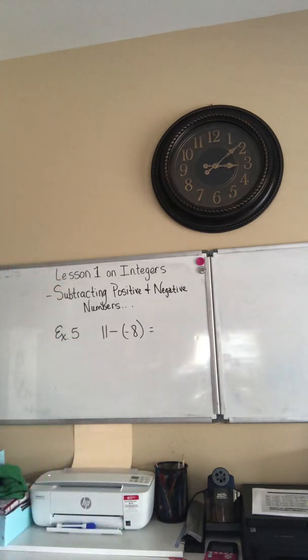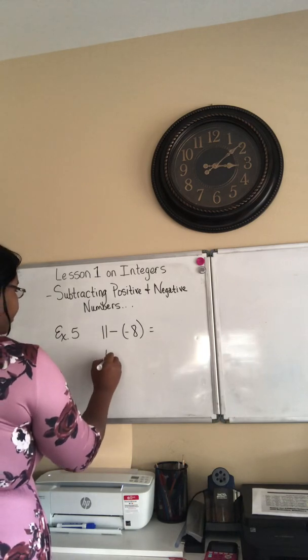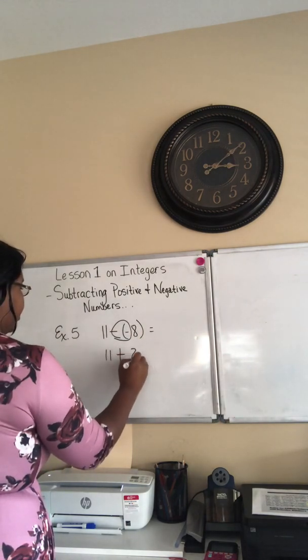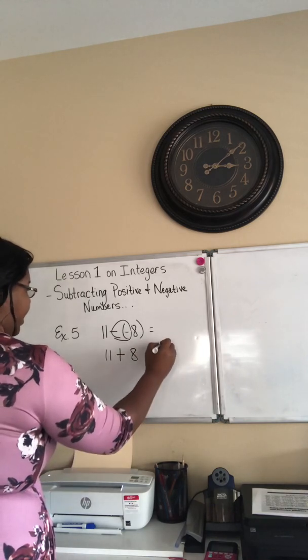Okay? Anything look familiar here? Do we have that negative situation again? Yes, we do. So, let's rewrite it. We circle this little part that's broken. That becomes a plus. So 11 plus 8 is 19.